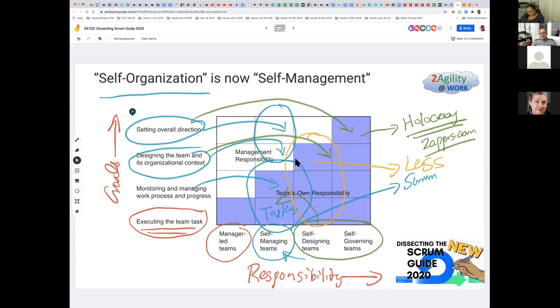So that really goes down to whose responsibility it is. And it is not a lack of management control, because eventually the management still sets the overall direction.